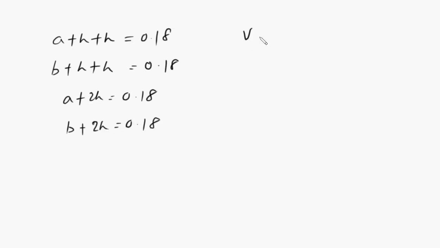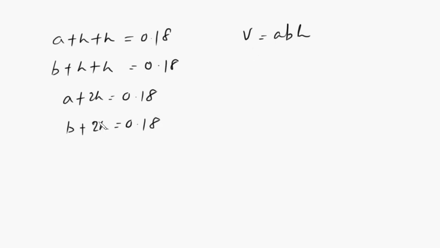Now the volume is A times B times H. The challenge is we want the maximum volume, but we have too many unknowns, so we cannot differentiate with all three. We just need one unknown in order to differentiate.